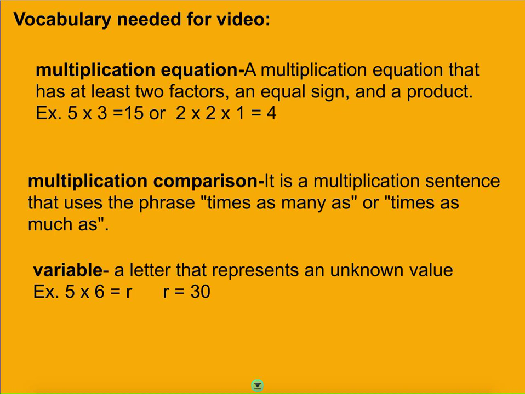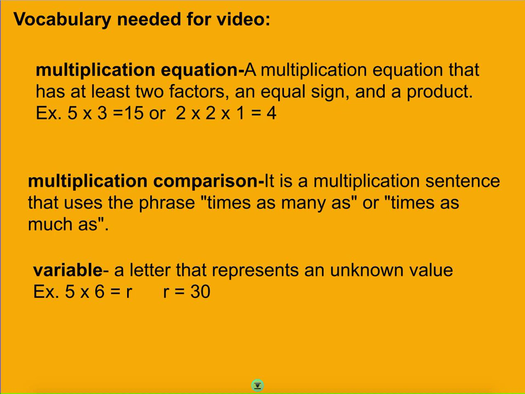So that is considered a multiplication equation. It has factors, multiplication symbol, an equal sign, and the product. Okay? Or for example, 2 times 2 times 1 equals 4. That's still a multiplication equation. It's just 3 factors. All right? The most important thing to remember when we're writing a multiplication equation is obviously you need multiplication symbols, and equation refers to equal sign, and you also need a product.